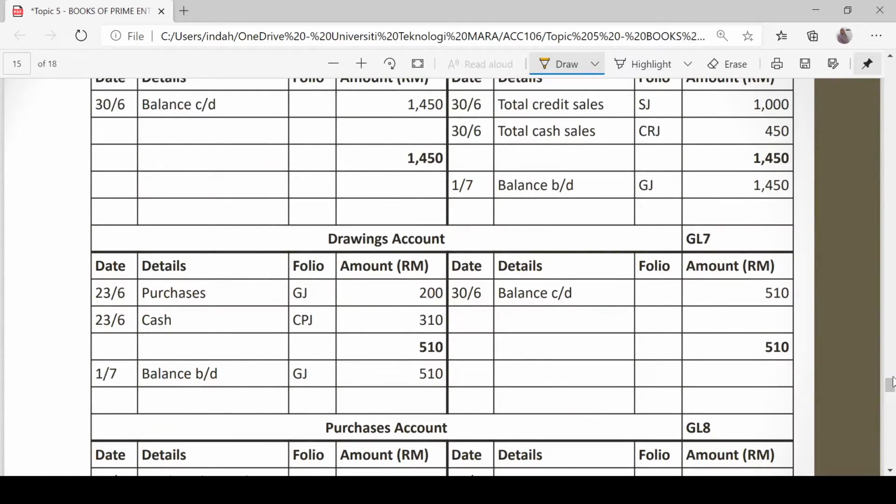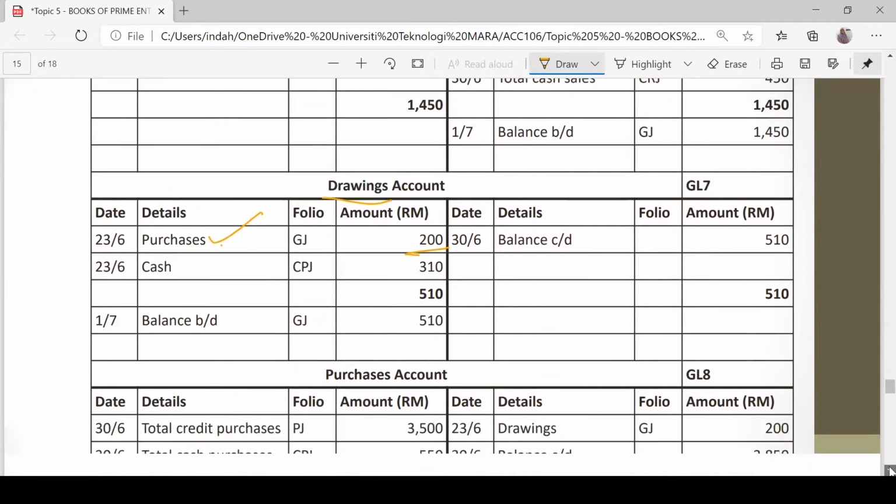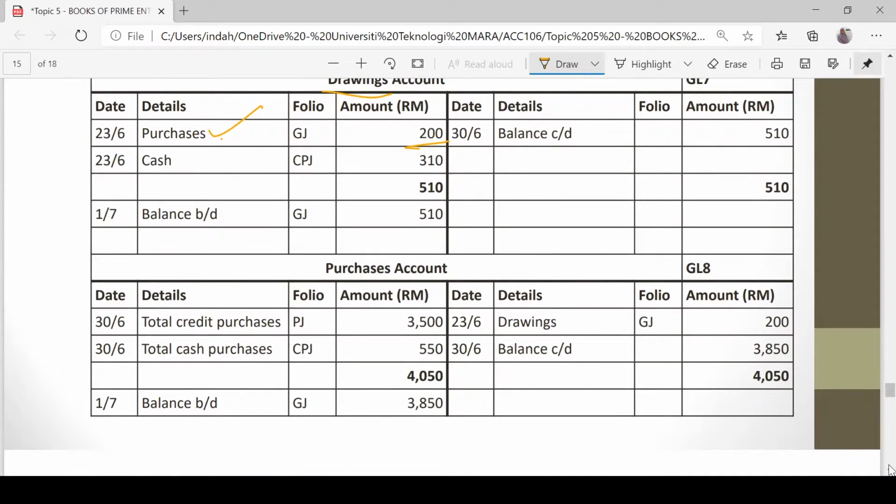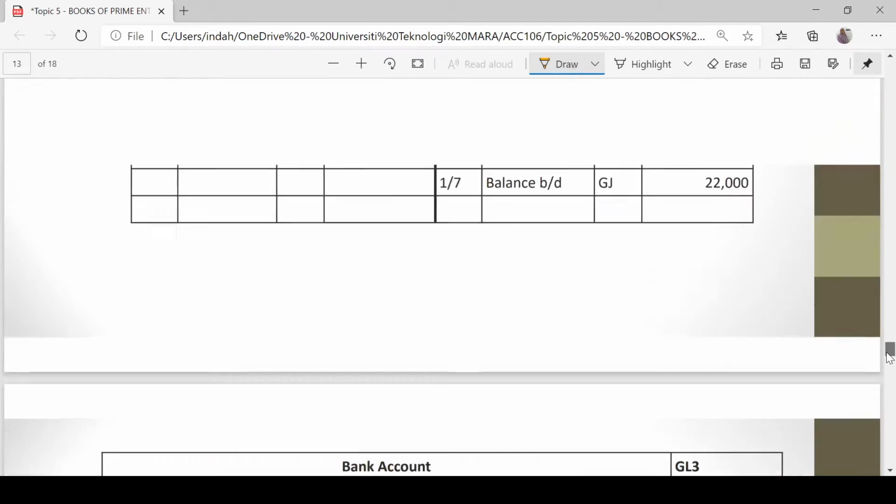Drawing account, debit 200, because of purchase. You may see this in the purchase account: you credit purchase account 200 because of drawing. So that's it for the general journal.